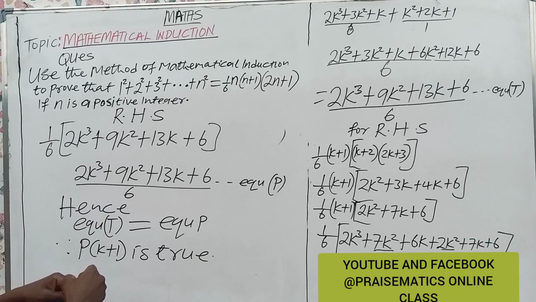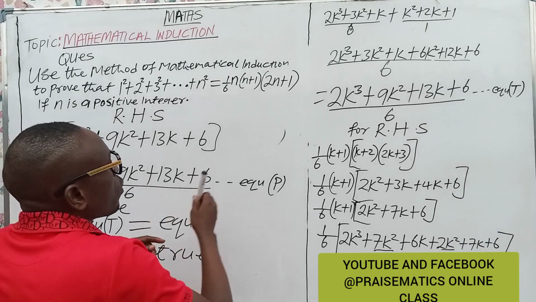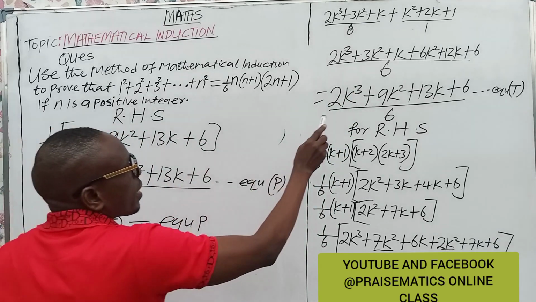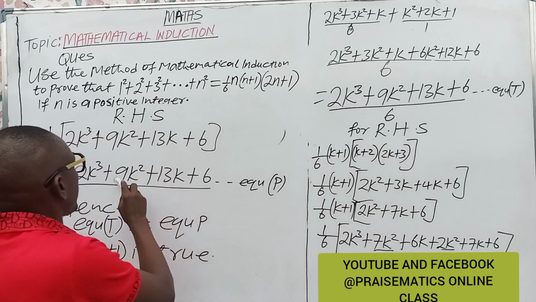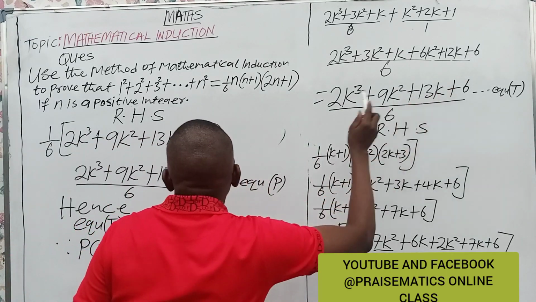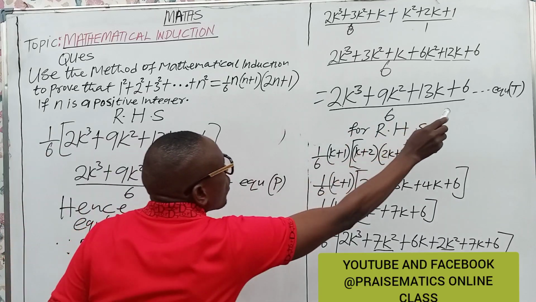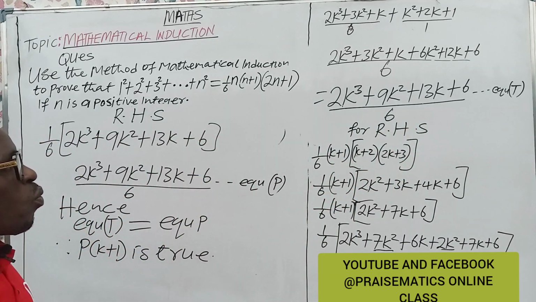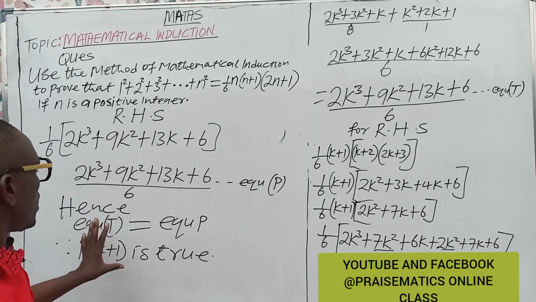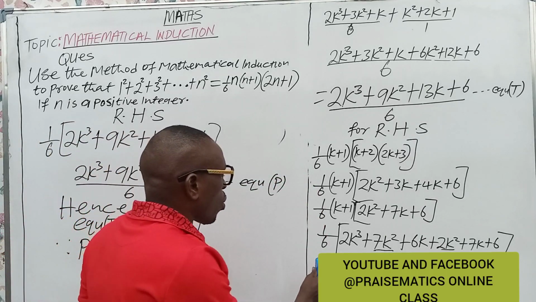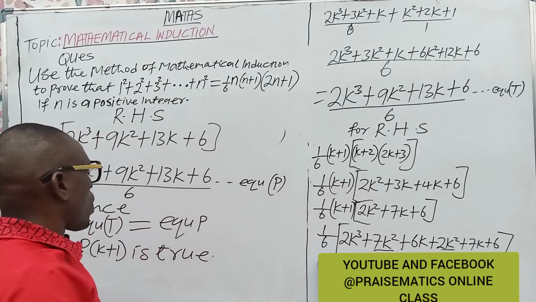If you look at these equations, we have 2k cubed, 2k cubed, 9k squared, 9k squared, 13k, 6, all over 6, they are equal. So having done that, since the left hand side is equal to the right hand side, you can now conclude that P of (k plus 1) is true.